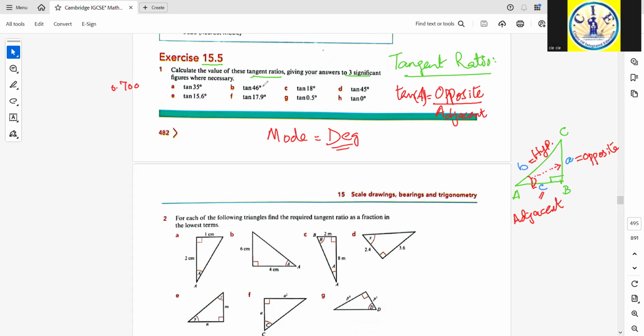Then similarly calculating tangent 46. You just need to input from your calculator the tan key, then 4, then 6, and then equals to.